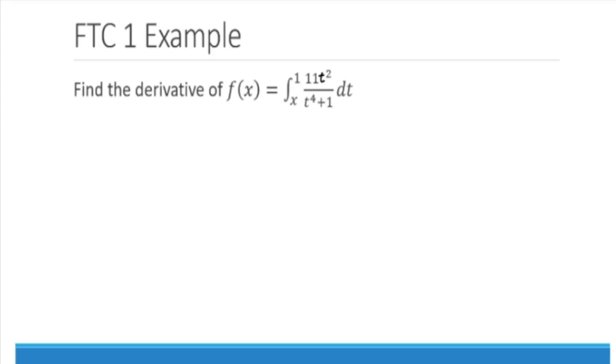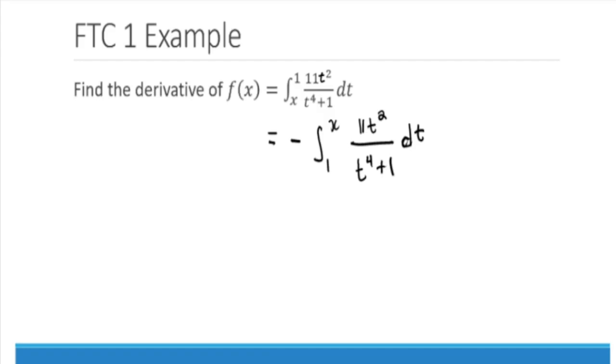So, what do we do? We apply one of the properties of definite integrals. That is, technically, this is equal to the negative of the integral from 1 to x ng 11t squared over t to the fourth plus 1 dt.